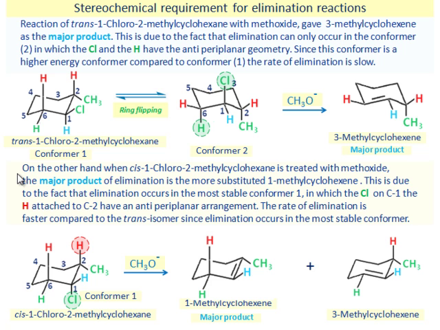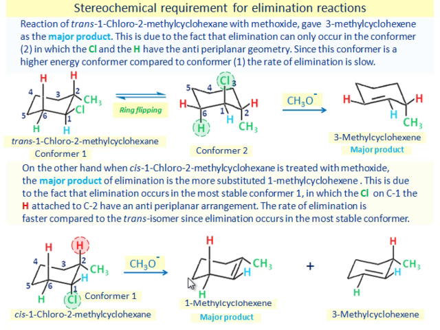On the other hand, when cis 1-chloro-2-methylcyclohexane is treated with methoxide, the major product of elimination is the more substituted 1-methylcyclohexene.